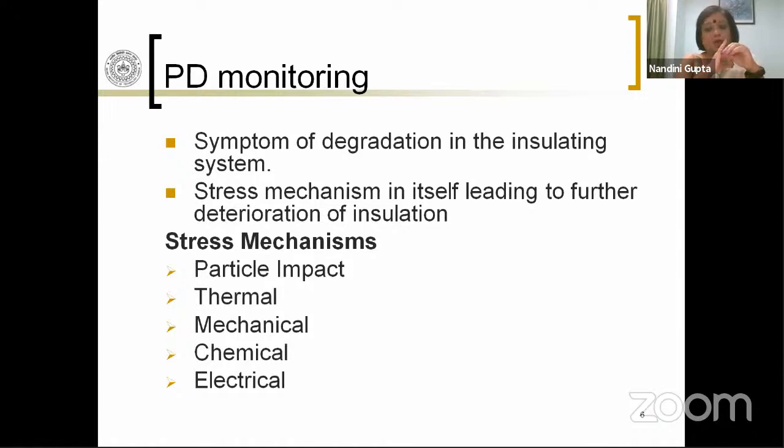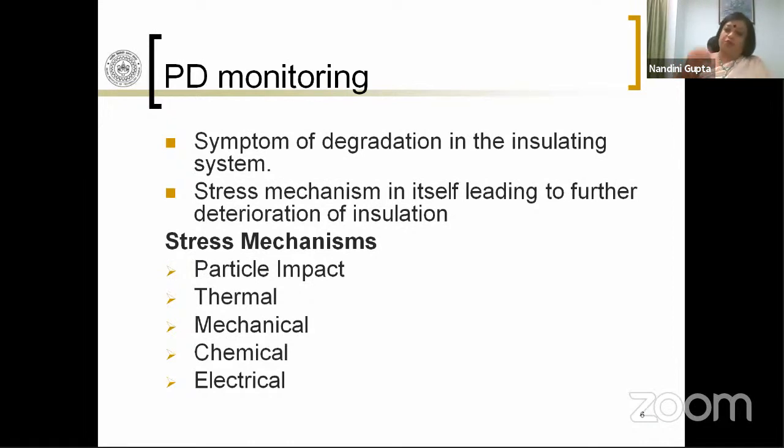When you see corona, as soon as I say you see corona, it means that you can see it. You can see corona because there is light emission, which means that energy is dissipated as light energy. You also hear corona, there is a hissing sound, which means there is dissipation of sound energy. You can also smell corona because corona gives rise to ozone.